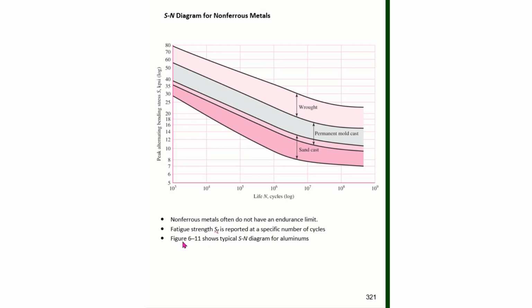And this figure above shows typical SN diagrams for various aluminum materials as well. In our fatigue analysis in this course, we will stick with the fatigue analysis of low carbon structural steel.